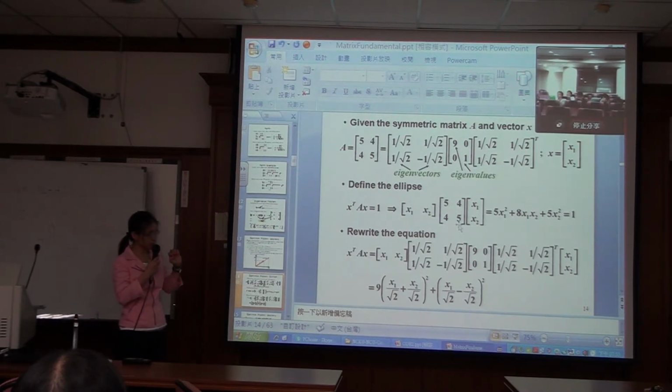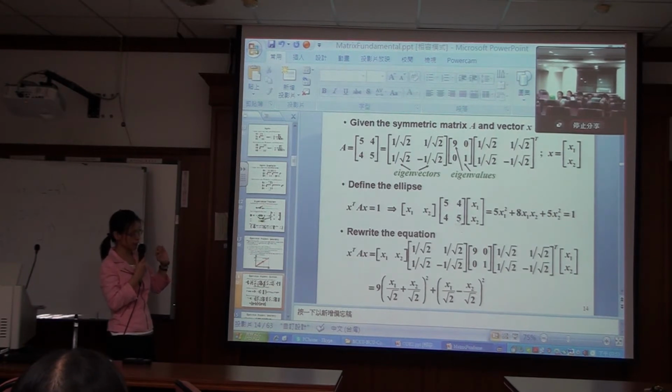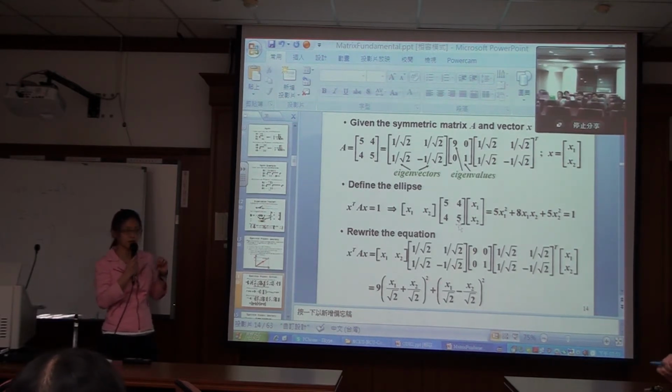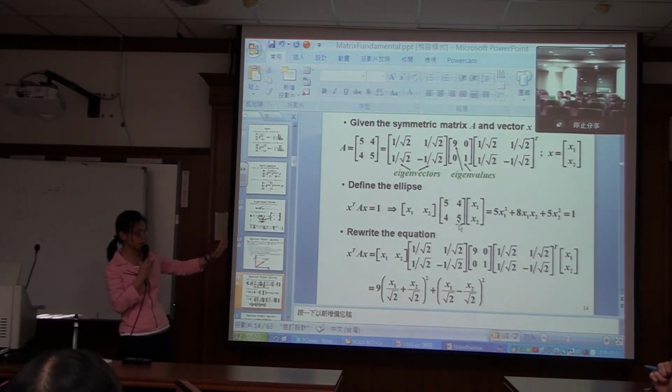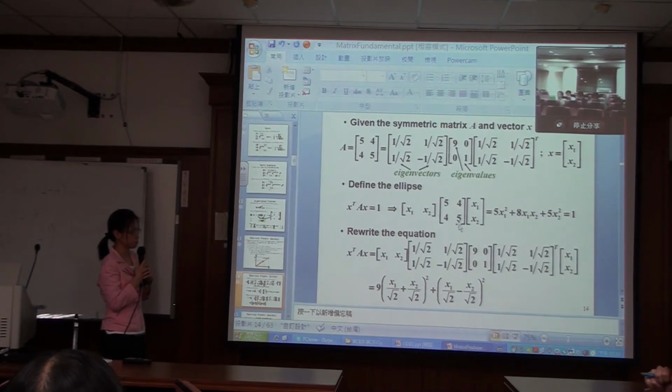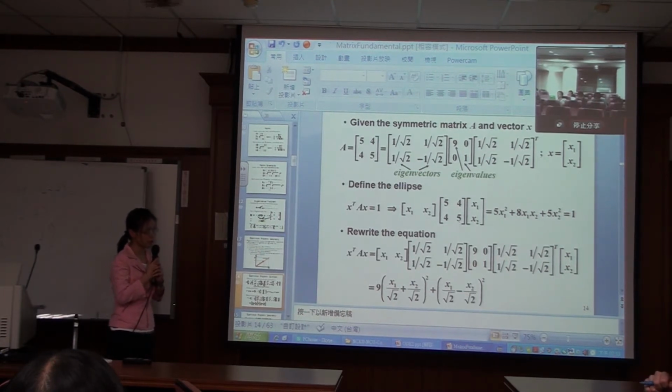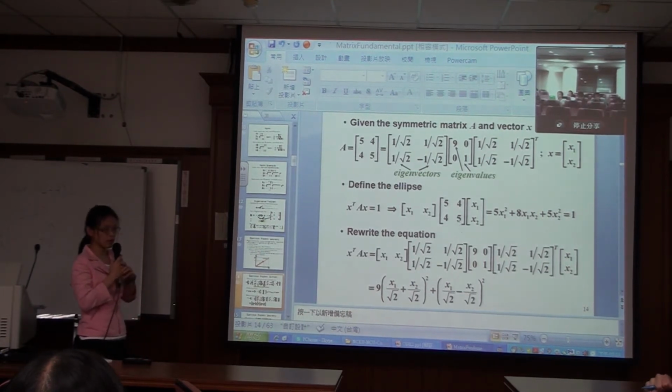Looking from the right-hand side, 5x1 squared plus 8x1x2 plus 5x2 squared equals 1 is an ellipse equation. How do we know when it's an ellipse equation and when it's not?